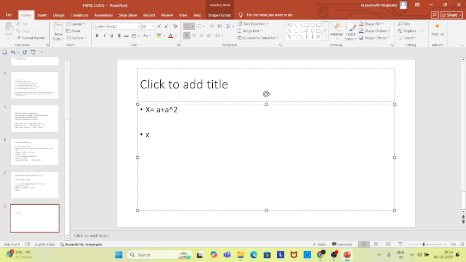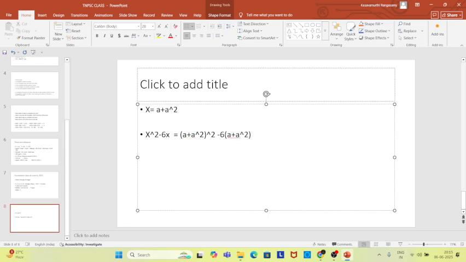So x equals a plus a square. You put a plus a square, and the whole square, because it is x square, minus 6 into a plus a square.